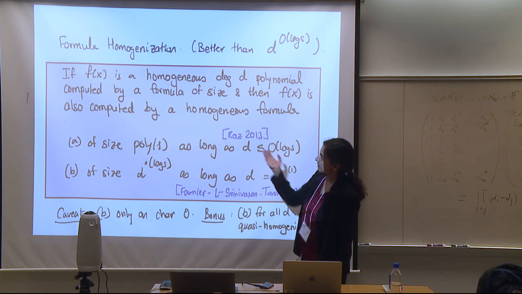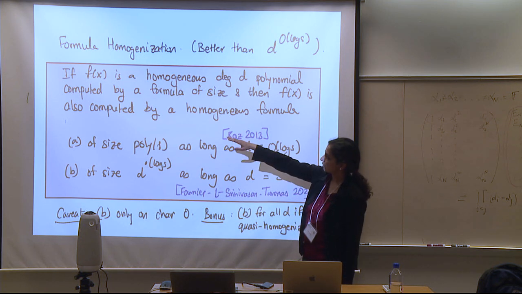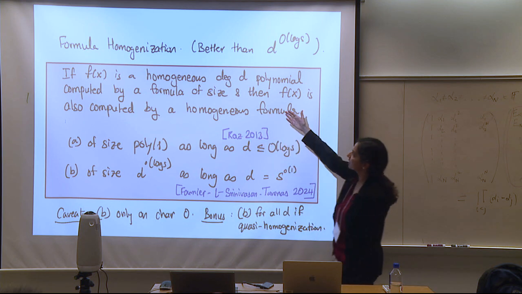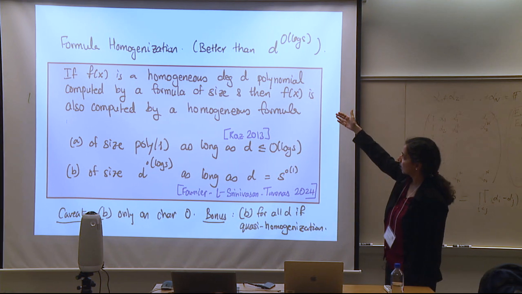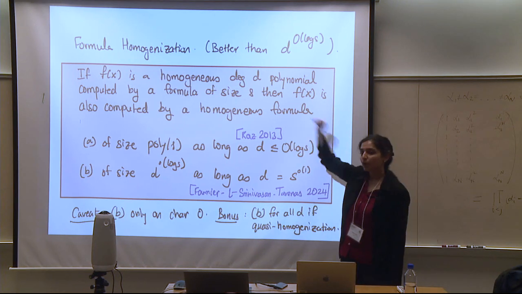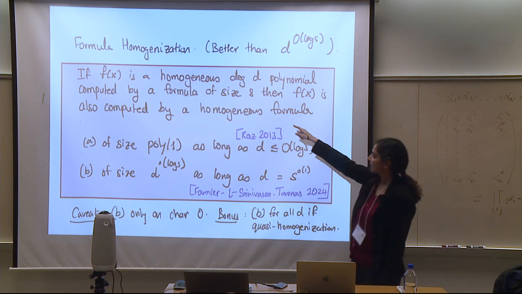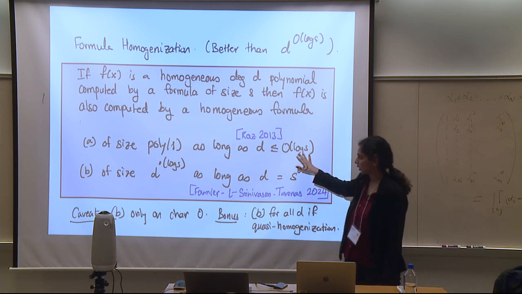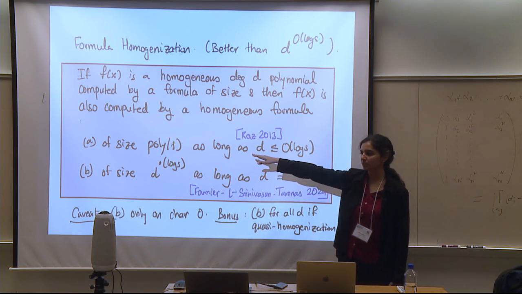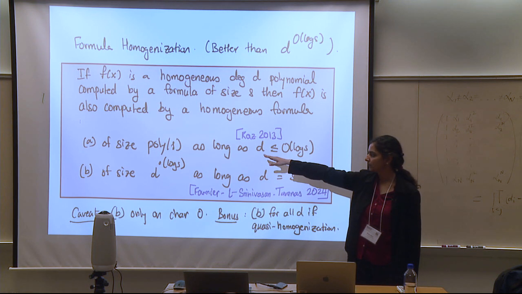What this slide is trying to say, let's just read it out. If f of x is a homogeneous degree d polynomial, and it's computed by a formula of size s, then you can homogenize it better if the degree is small. In fact, you just don't blow up at all if the degree is small.